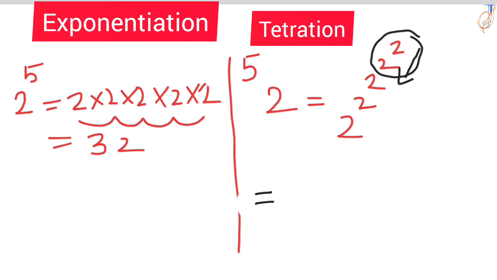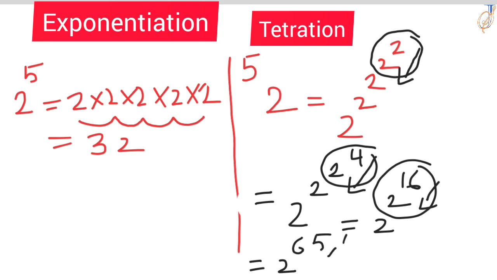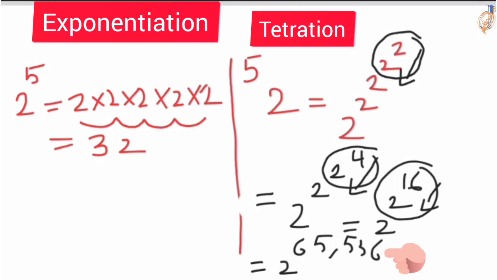So this is 2 power 2, which is 4. So you have to write 2 power 2 power 2, then 4. Again from top to bottom. Then this is 2 power 2, so this is 2 power 4. What is 2 power 4? 16. Then again 2 power 16. So what is 2 power 16? Which is 65,536. That is a huge value.